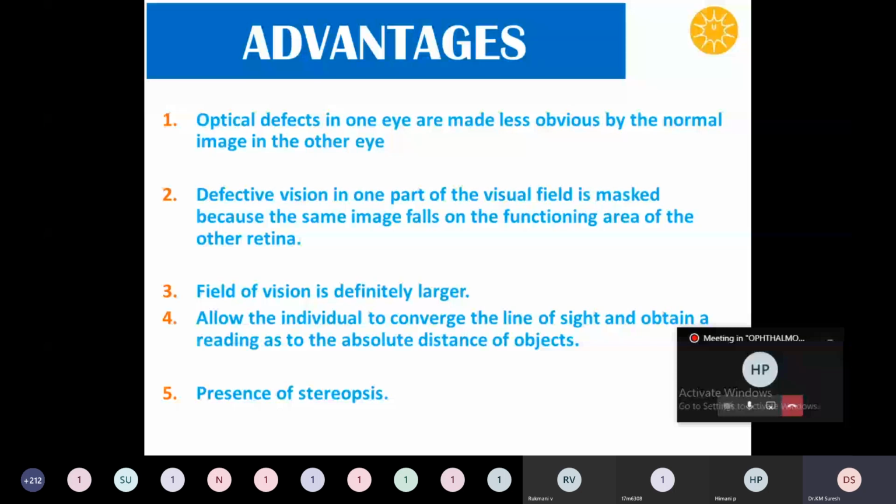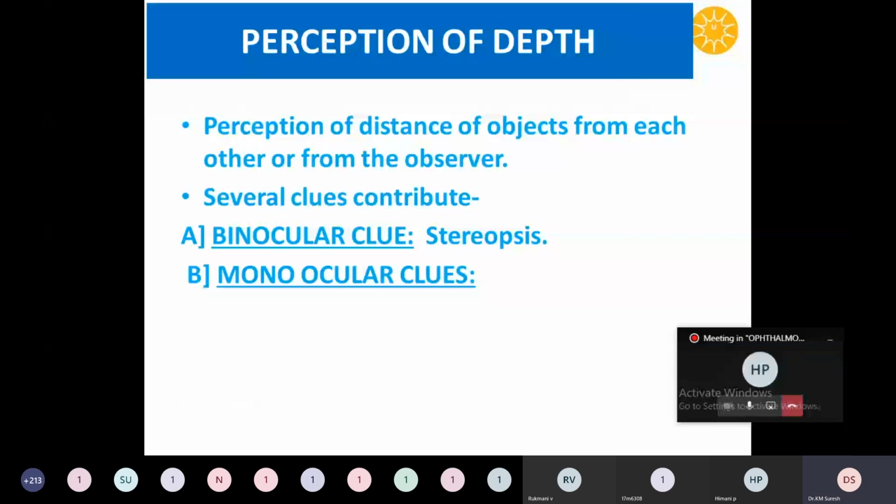Field of vision is definitely much larger when both the eyes are open, and hence binocular single vision gives you a wider field of vision in the atmosphere. It allows the individual to converge the line of sight and obtain a reading as to the absolute distance of objects, that is depth perception, and there is presence of stereopsis. Perception of distance of objects from each other or from the observer is referred to as perception of depth.